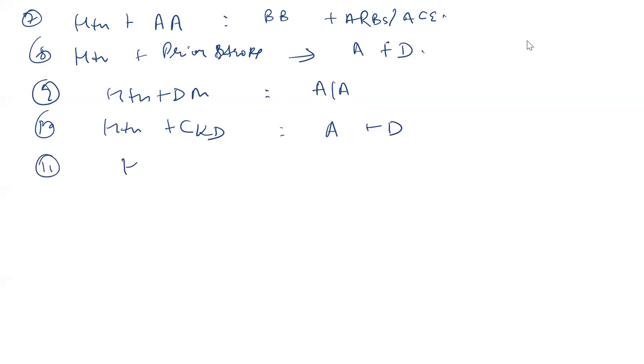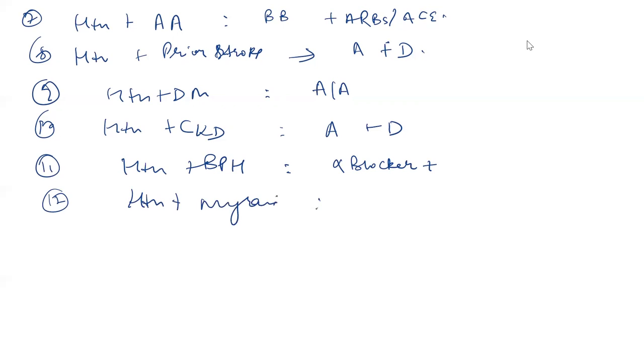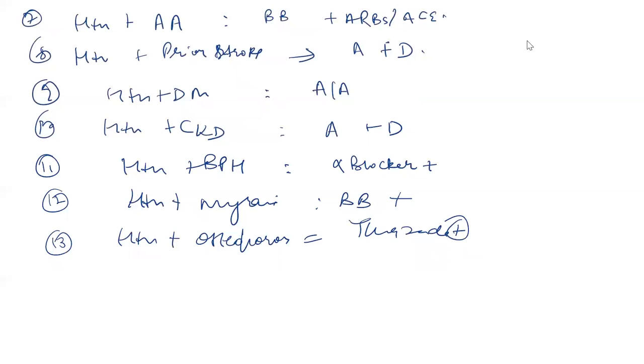In hypertension plus BPH, we prefer alpha blockers like prazosin plus any other secondary agent. In a patient with hypertension and migraine, we prefer beta blocker as it helps in prophylaxis of migraine too, and any other secondary agent. In a patient with hypertension and osteoporosis, we prefer one agent as thiazide and any other second agent, as thiazides prevent the loss of calcium in the urine. Next slide. So, BP goal.